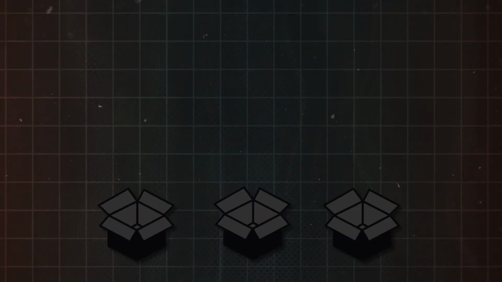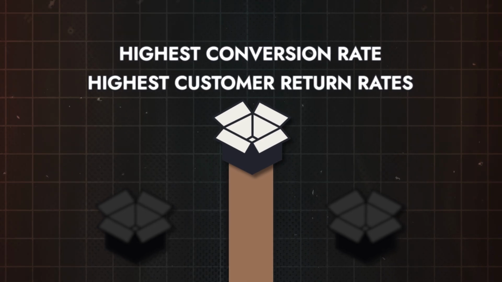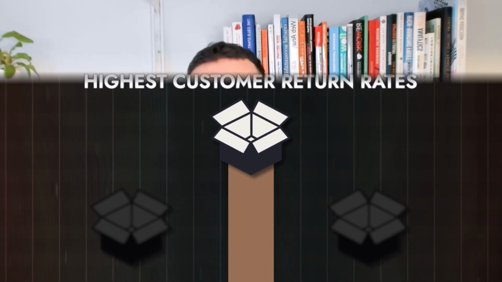And then you also want to think about margins, profitability, and if you have any products that have particularly high conversion rates, right? Sometimes it is a good strategy to look into the products that lead to the highest conversion rate, the highest customer return rates, and try to prioritize those in the earlier steps of the customer journey.